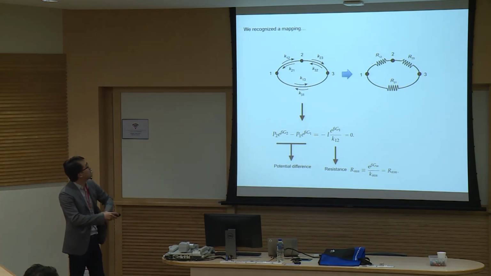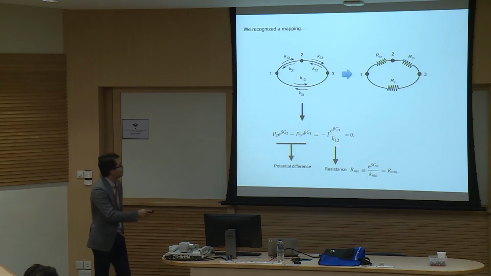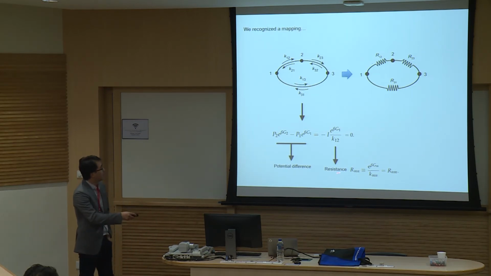But if you stay with me for a moment at equilibrium, notice that we can map this constant, which is only a property of equilibrium conditions, the free energy and the forward rate constant, to what I'll call a resistance. So the resistance is conjugated to the current, and the resistance is defined between the state m and n to be e to the beta Gm over the rate constant kmn, okay?